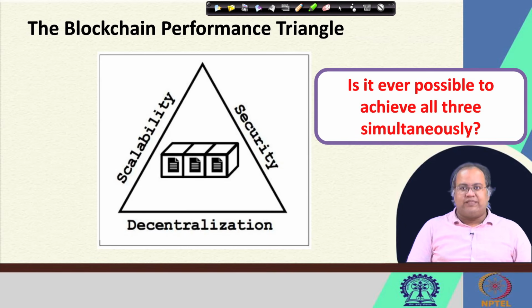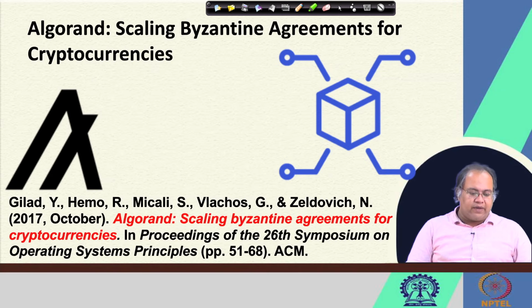to satisfy scalability, security and decentralization simultaneously. So, the idea of Algorand was first introduced by this paper, Algorand: Scaling Byzantine Agreements for Cryptocurrencies, that got published in the proceedings of the 26th Symposium on Operating Systems Principles, the conference SOSP. The primary authors of this paper were Gilad, Hemo, Silvio Micali, Vlachos, Zeldovich, and they were from MIT.